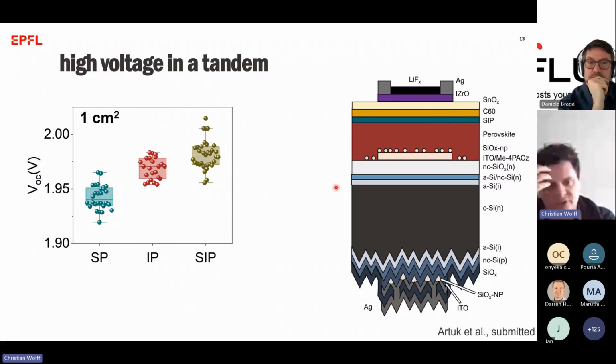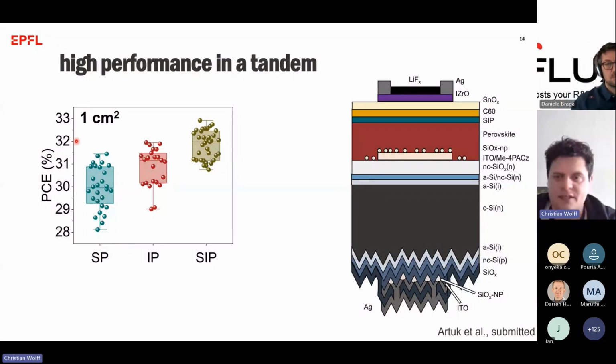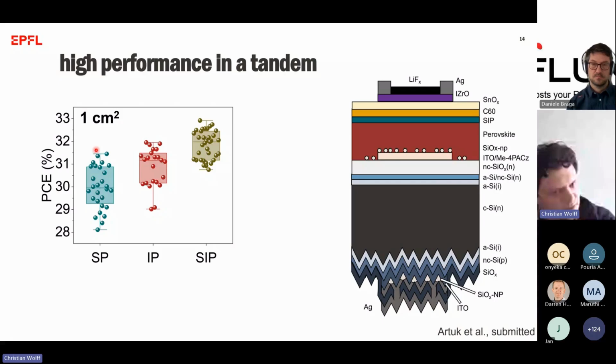This then also translates into very efficient devices, we call it small scale. I know some in the community that do single junction would consider this already a larger scale device, but for us, this is rather a small scale device where we could improve upon our record from something like 1.5, 2 years ago, around 31%. Now we are more in the 32% range. And I think this is really nice.